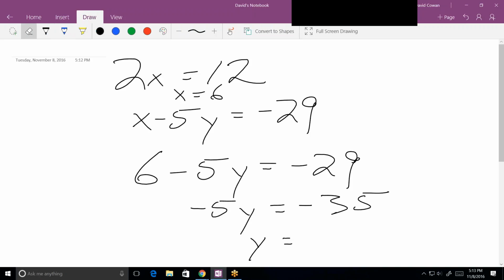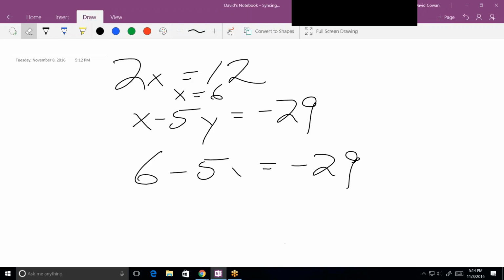It's not a big thing, not a real important thing, but I just want to mention it. If you're using the rule where you always want the variable to have a positive coefficient, then I'm going to move the 5y to the right side and move the minus 29 to the left. And that's going to give me 5y equals 35. Notice no negative numbers. Same answer.